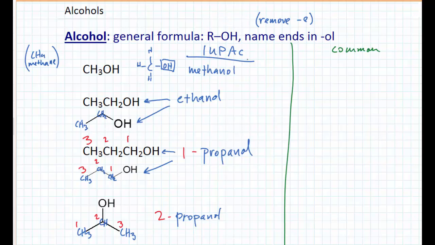Okay? We did not need a number in ethanol because 1 ethanol and 2 ethanol, that's actually the same molecule. We would have just numbered from the other end. Okay? But now we have 2 actually different molecules where it's either on an end carbon or on a middle carbon there. Okay? So 1-propanol, 2-propanol.